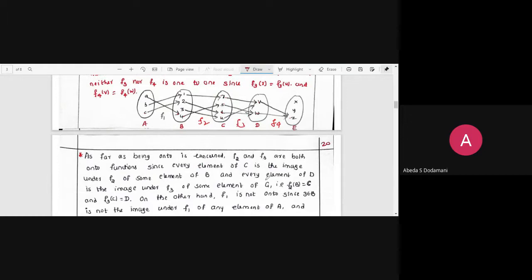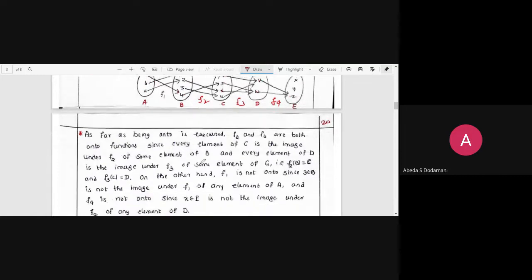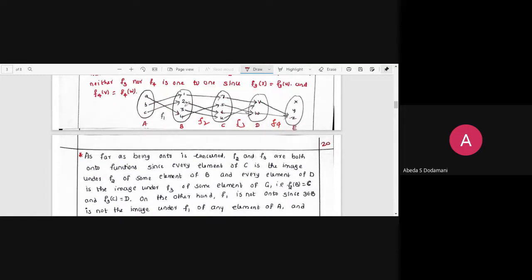Okay. Now, as far as being onto is concerned, I'm giving you a whole explanation. Let's check which are onto functions. Here in f1, there is one element, 3, which is not mapped to any element.